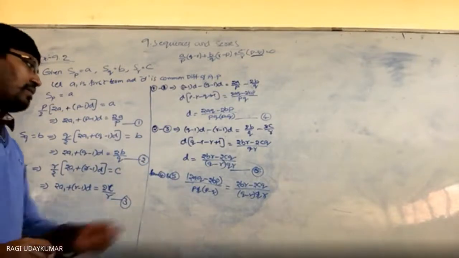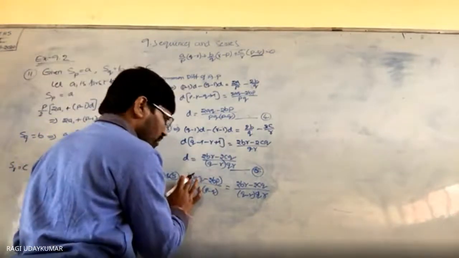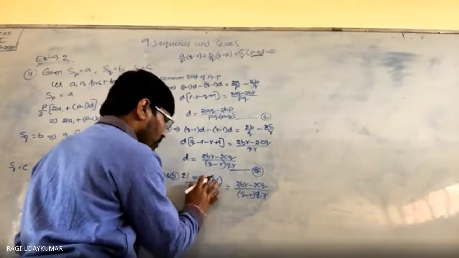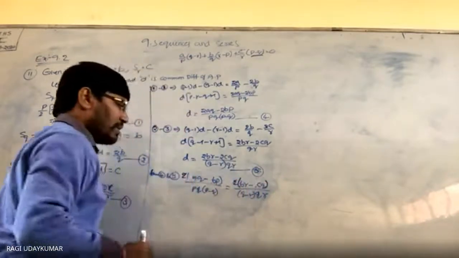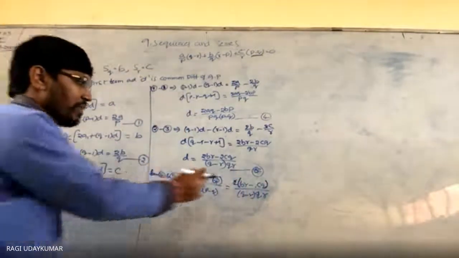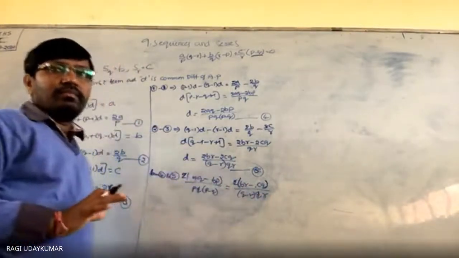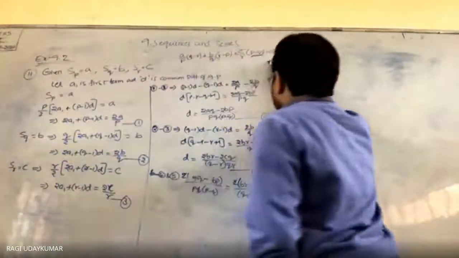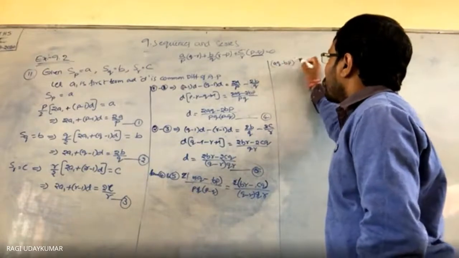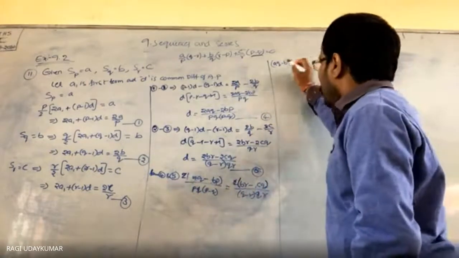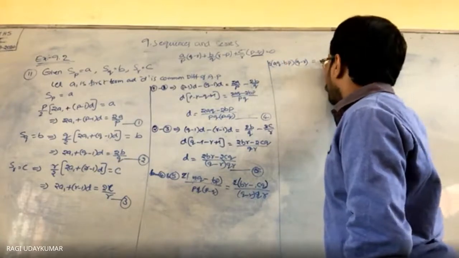What do you get here? The 2 will also get cancelled, we can take 2 common on both sides, no need. So aq minus bp is the numerator, into this one. aq minus bp, so simplify. aq minus bp into, here r will come, r into q minus r is equal to br.